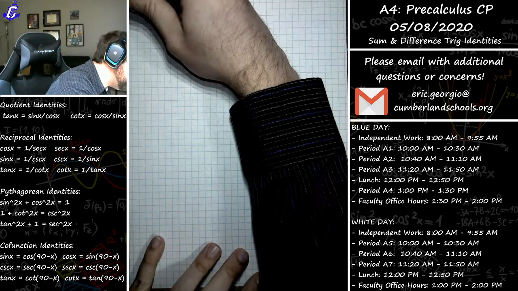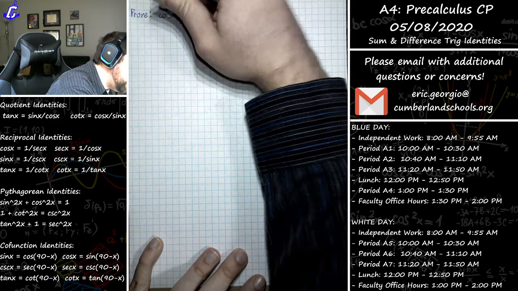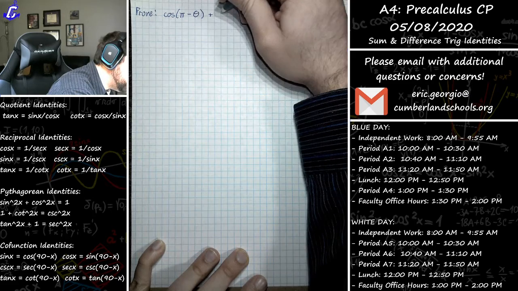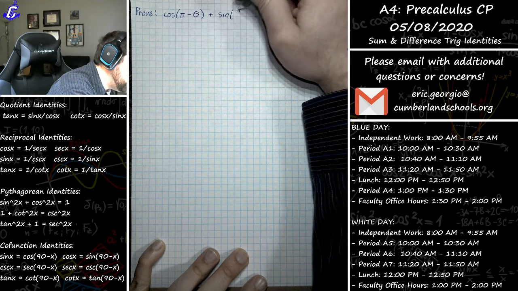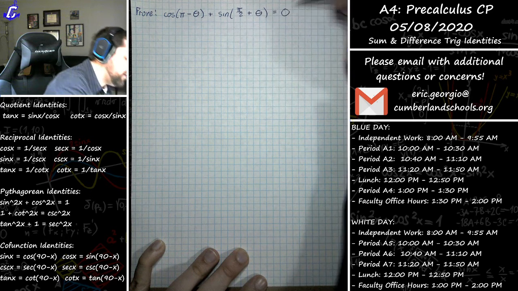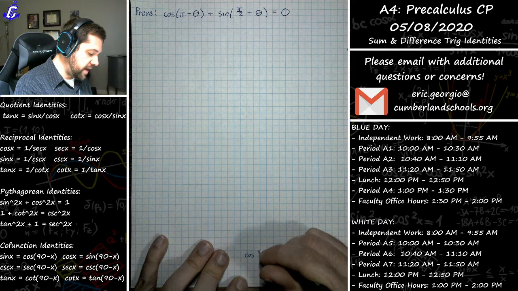Let's try to prove, last problem, that the cosine of pi minus theta plus the sine of pi over 2 plus theta is equal to 0. Okay? Just to refresh our memory, I'm going to write them down here, the cosine and sine sum and difference formulas.